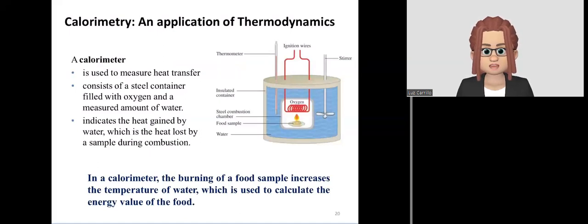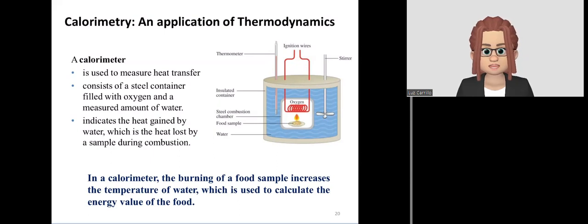We are going to look specifically at calorimetry. Calorimetry, by definition, looks at the heat of the reaction. These reactions can, as we just observed, absorb heat or release heat.